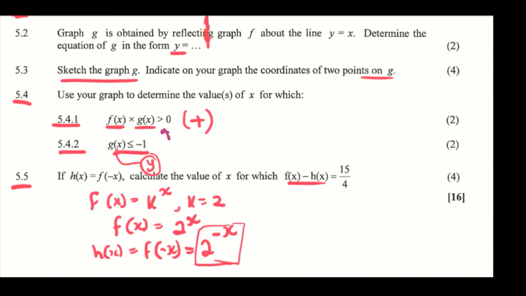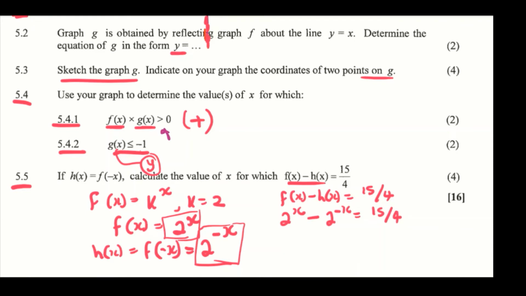So this is the equation of h of x. We have the equation of h of x, we have the equation of f of x. So we're going to say f of x minus h of x is equal to 15 over 4, right? So 2 to the power of x minus 2 to the power of minus x equals 15 over 4.